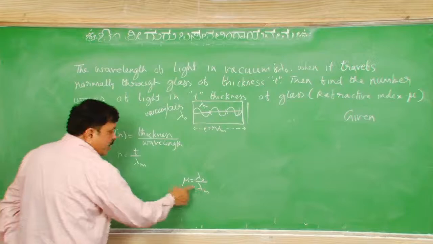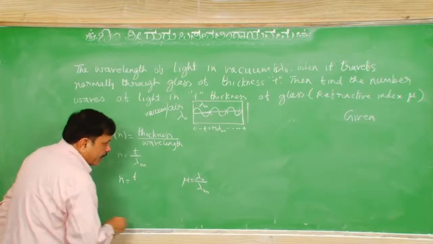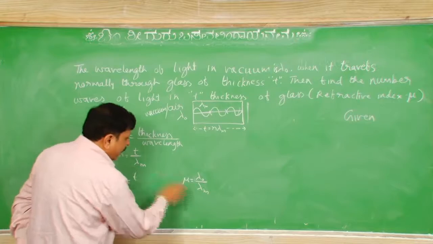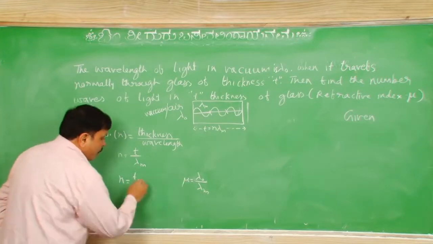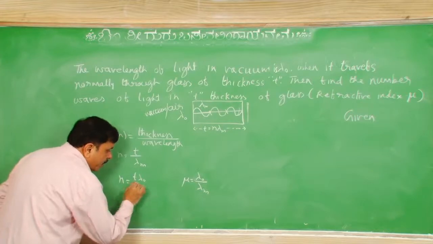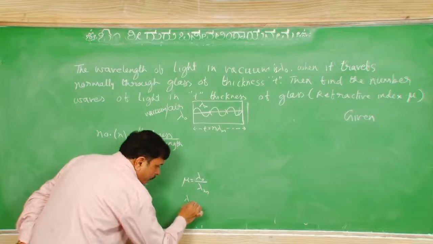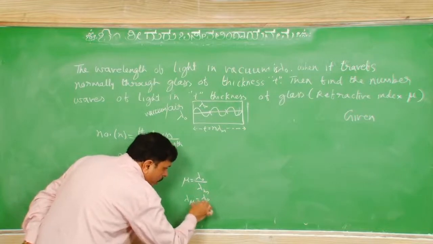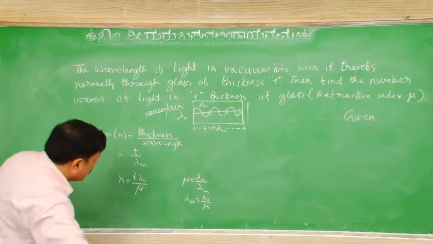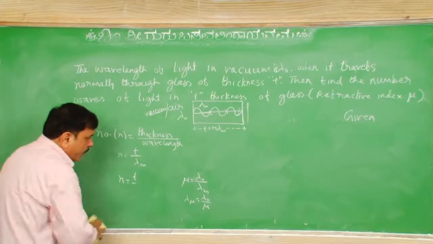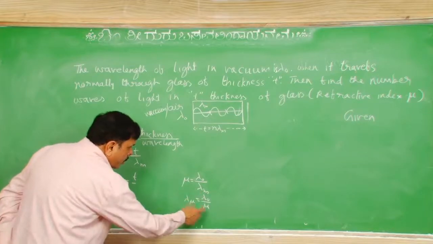Using this relation, lambda m is equal to lambda naught by mu.